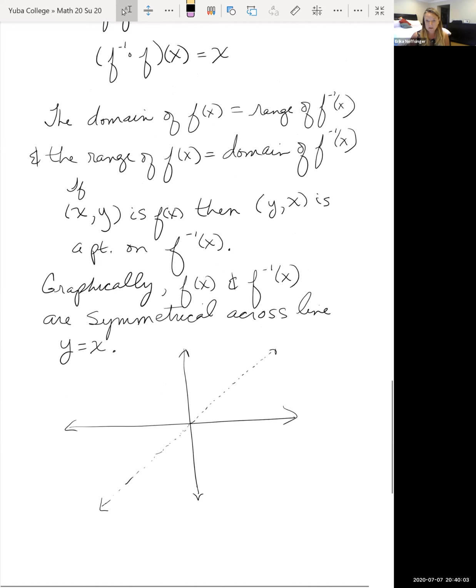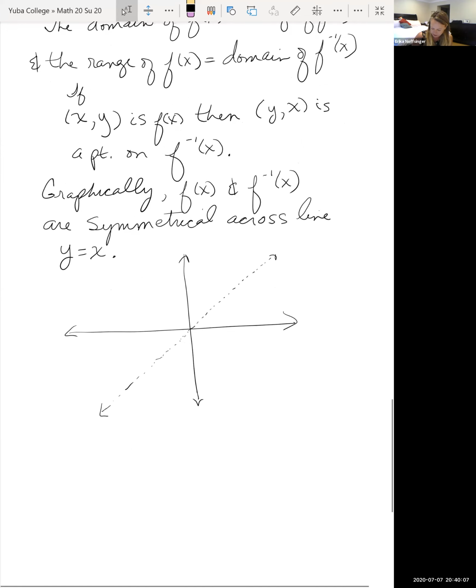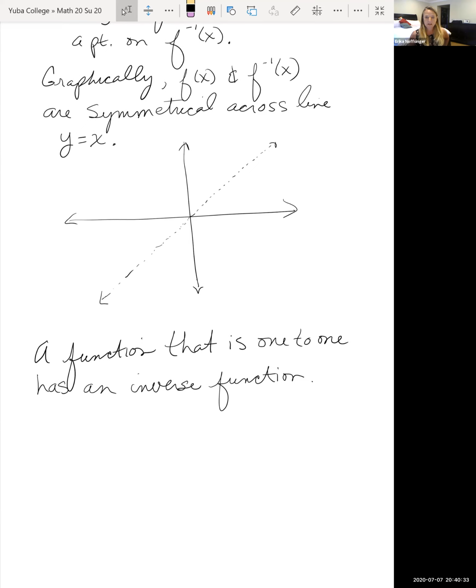In order to have an inverse, it has to be a one-to-one function. So a function that is one-to-one has an inverse function. Okay, so one-to-one functions are special functions.